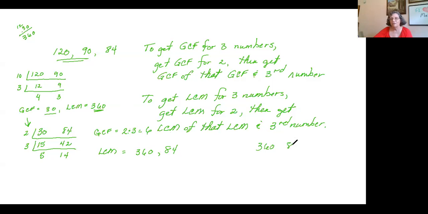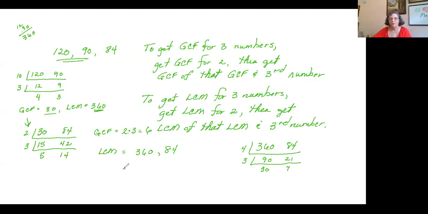So 360 and 84 will both divide, well, I know they'll go by 4. That would be 90 and 21. And those will both divide by 3, 30 and 7. Nothing in common between 30 and 7.